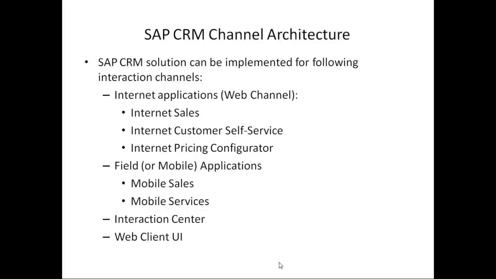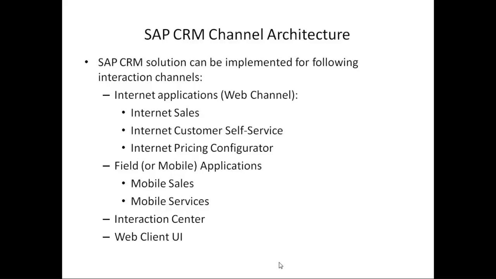And moving on to internet pricing configurator, this will provide the user with a web catalog, where the user can configure the individual components of a product and can place an order for the product. So the difference between internet sales and internet pricing configurator is, internet sales will provide you with a web page with a web-based catalog which contains the products in order to place an order.